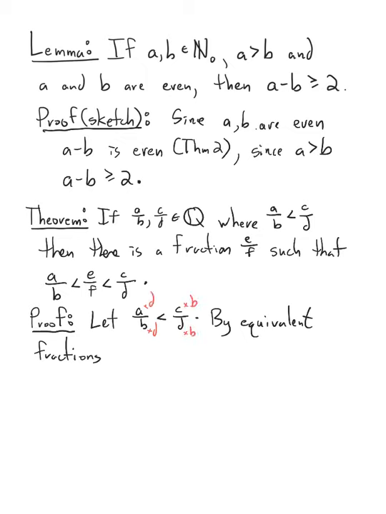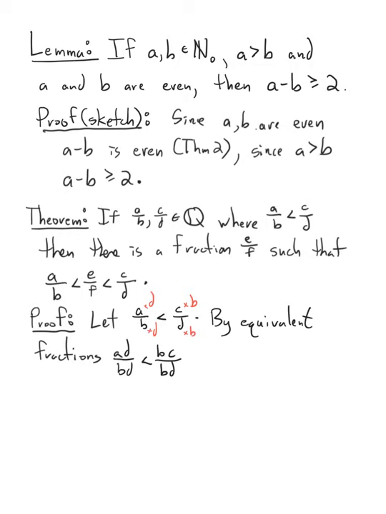We get that AD over BD is less than BC over BD. Remember, a over b and AD over BD are equivalent fractions. They represent the same quantity, same as c over d and BC over BD.